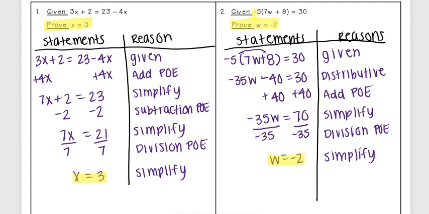So the beginning is that first step, and at the end, I want to match up with what I'm trying to prove. I showed all the steps to lead me from what I'm given to what I need to prove. That's really the basis of proofs when we do it later on: you start with something given and you want to find all the steps to figure out how you can get to what you're trying to prove.